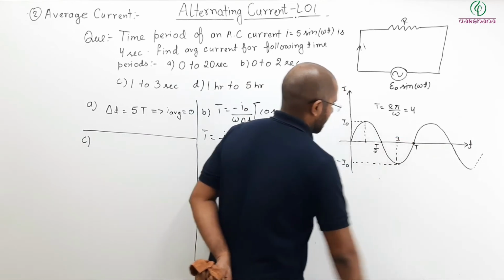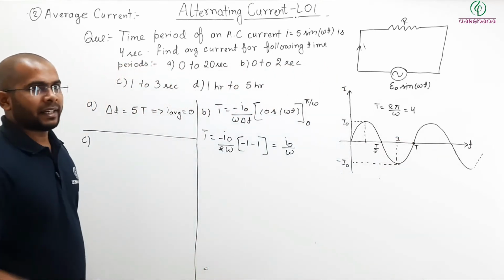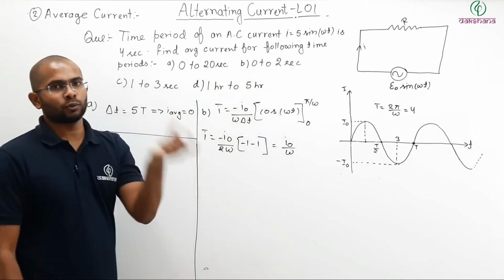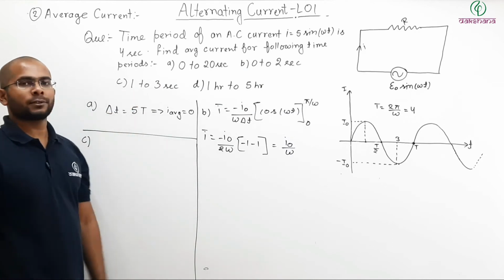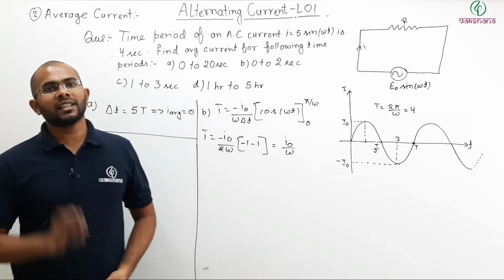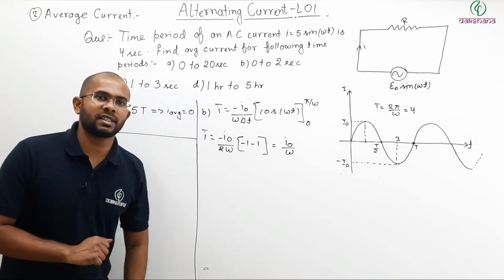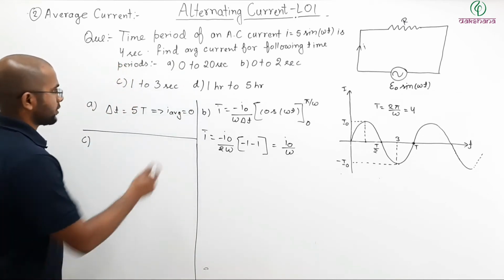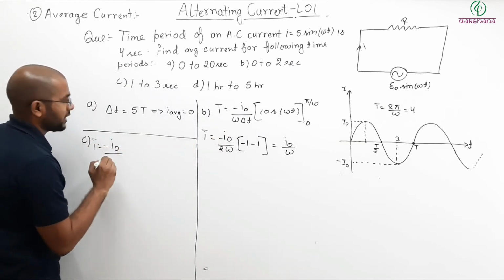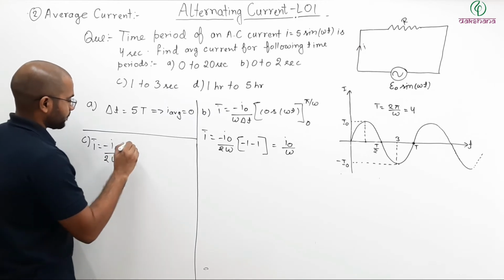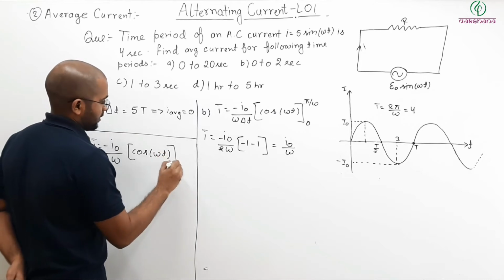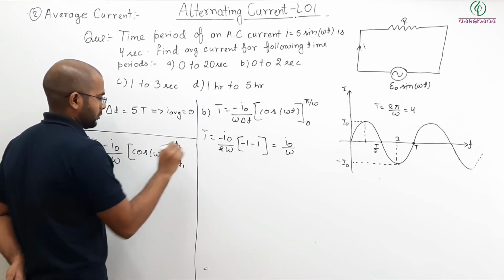If you pay attention, in option B delta t is 2 second, and in option C also delta t is 2 second. Now let us see, if delta t is the same, will the average current be the same? So I average is nothing but minus I naught by 2 omega, cos of omega t from t1 to t2.